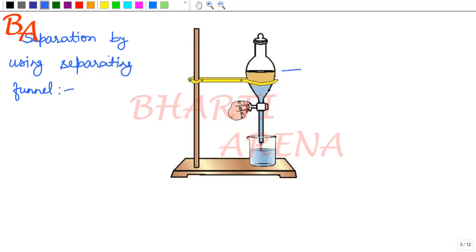This is separating funnel. This is a beaker.